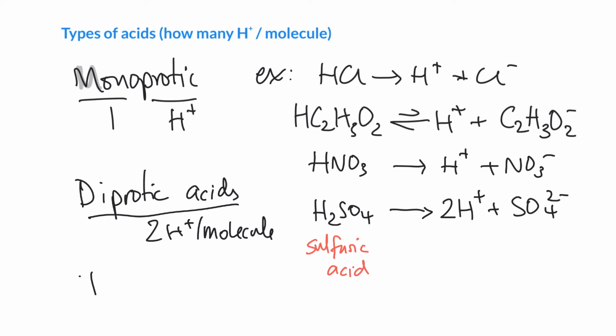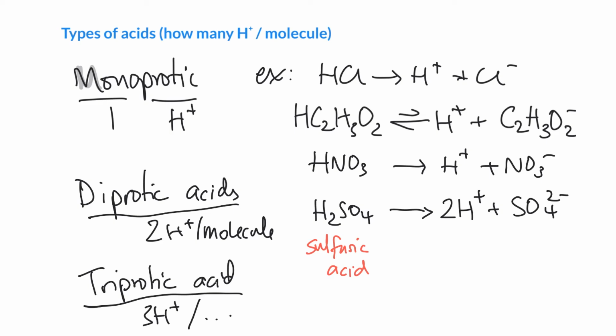We also have a common example of a triprotic acid, and if you like Coca-Cola or Pepsi-Cola, then you're drinking a triprotic acid, and again, it's got 3 hydrogen ions per molecule. Phosphoric acid is H3PO4, and it normally doesn't give all 3 at one time, but we can say it can give up to 3 H+, and if you recognize your polyatomic ions, that is your phosphate ion right there.